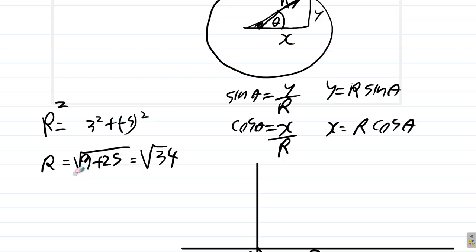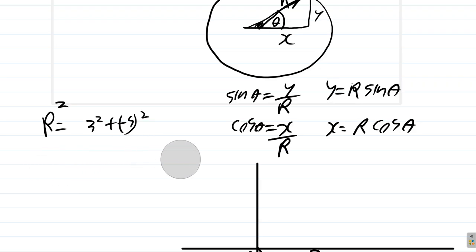Now, let's rewrite this part. R squared is 3 squared plus negative 5 squared, so r squared is equal to 9 plus 25, which is 34.